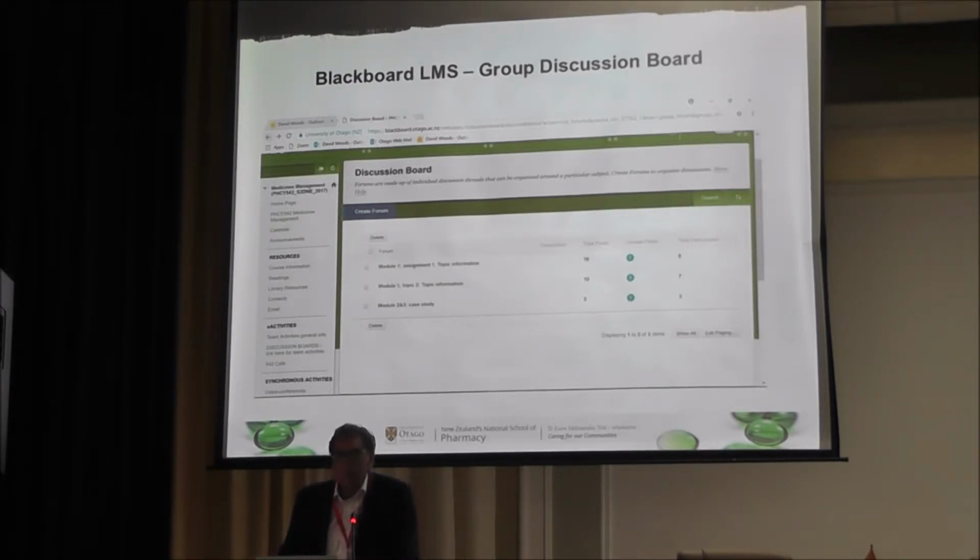So the cases go on the discussion board, and the students then discuss those cases through a structured approach. The moderator, and I'm one of the moderators, will look after the group and maybe at some stage point them in a specific direction. But in most situations, we found that the students are very motivated and they will really work on this themselves.